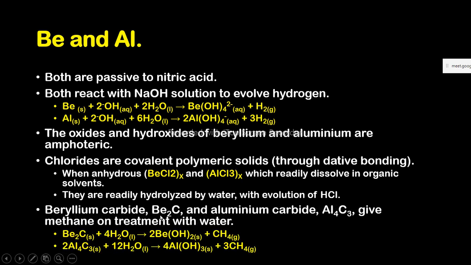Then beryllium carbide and aluminium carbide, they are carbides. They do dissolve in water to liberate methane gas. Okay? And this is unique to beryllium and aluminium carbide. For example, group 2, for example calcium carbide, evolves ethyne.